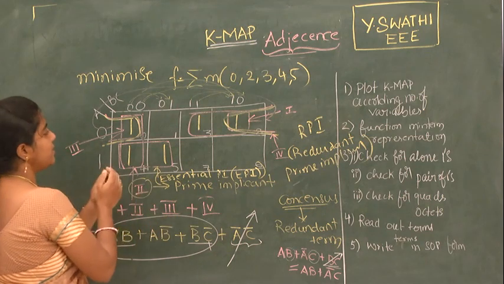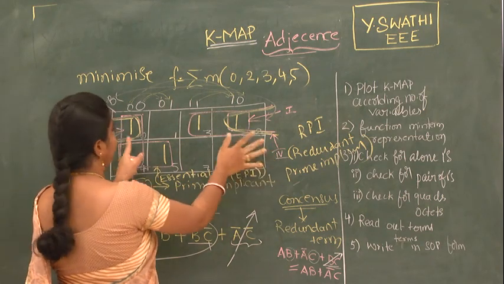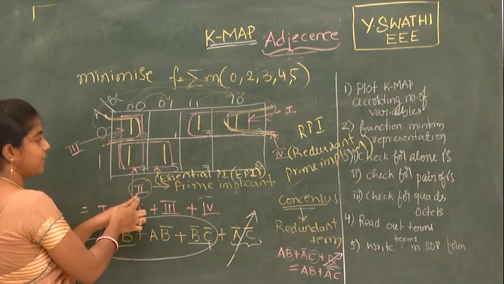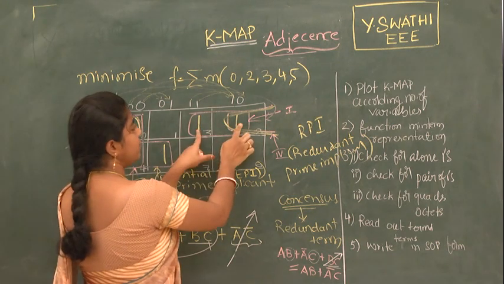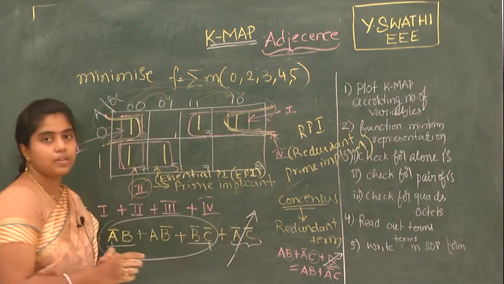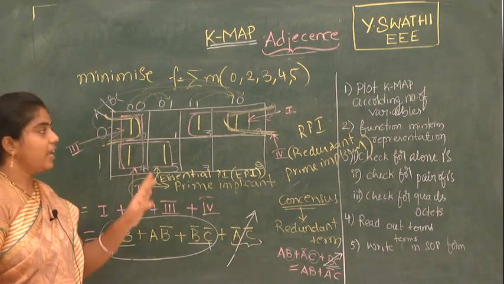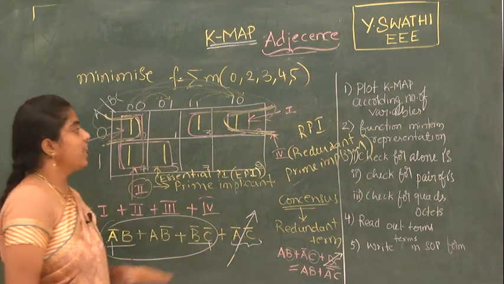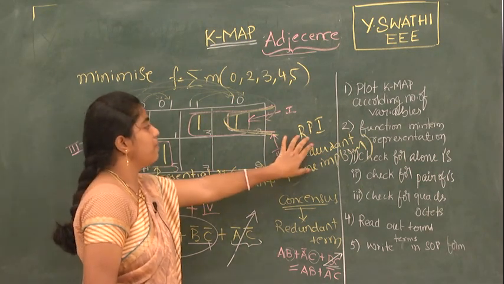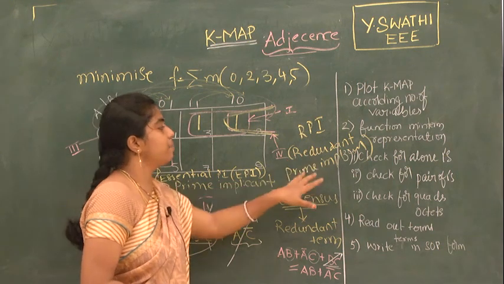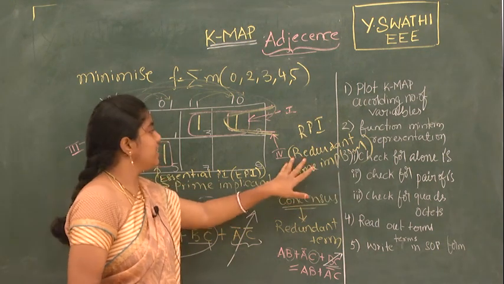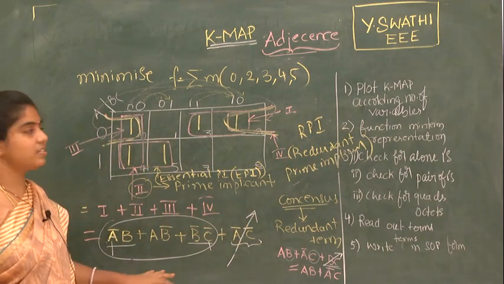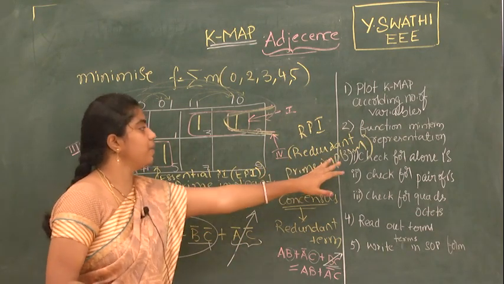Or you can say that the fourth group has two ones. This one is already in the second term, and this one we already have in the first term. So everyone in this group is combined in another group. Then this prime implicant is called a redundant prime implicant. And this is not necessary while writing the minimized form.